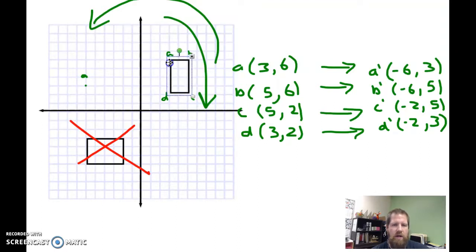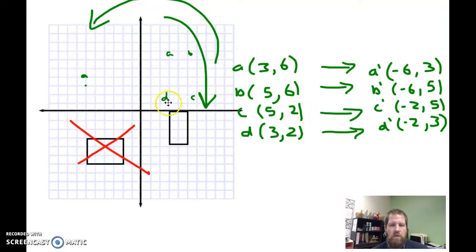So if my figure started here, and let's say it came down 1, 2, 3, 4, 5, 6. We'll say it came down 6. I would expect all of my Y values to come down 6 as well. The 6s, A and B, would become 0.